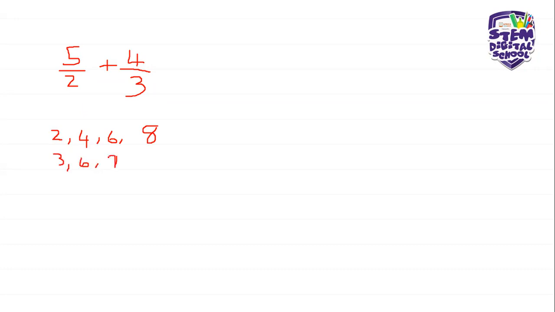So the lowest common multiple, or common denominator, is the multiple that they both have that you meet first. They both have a 6. The lowest one would be 6. So your lowest common denominator is 6.